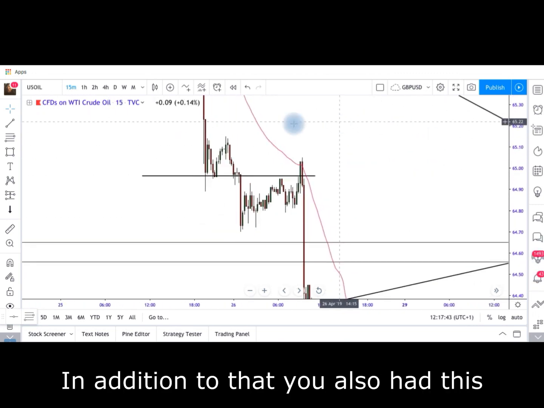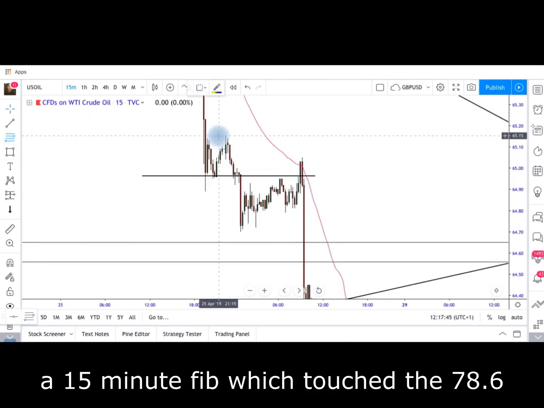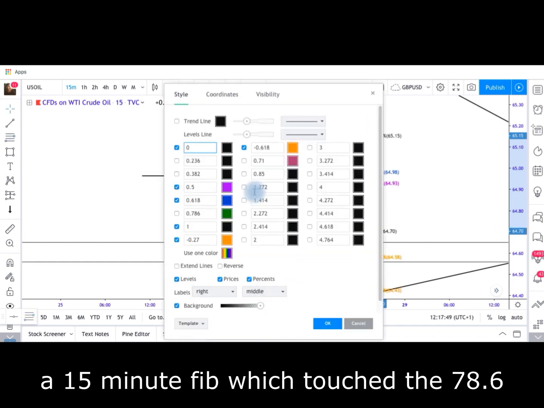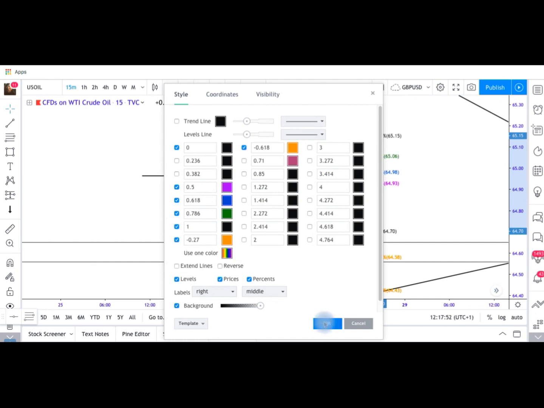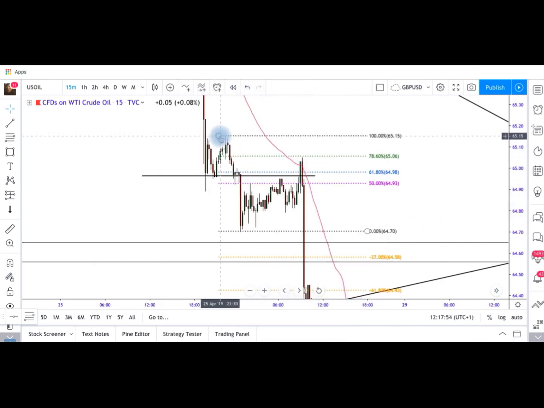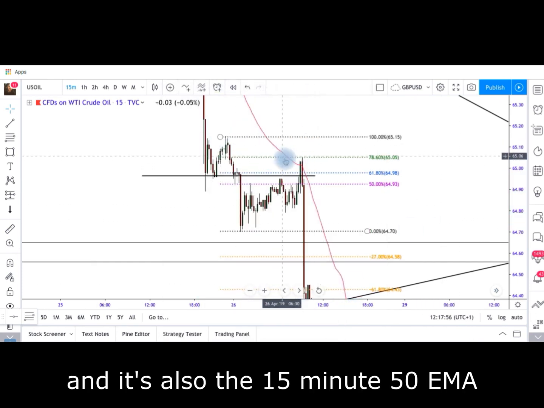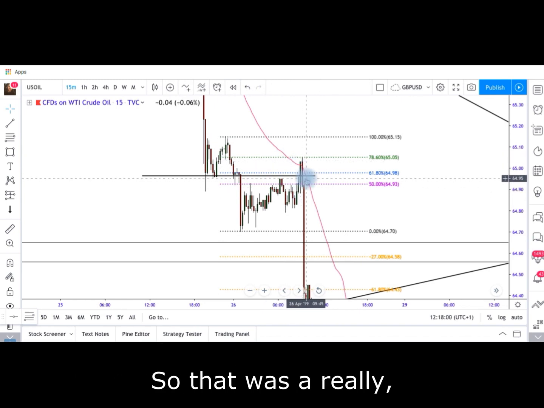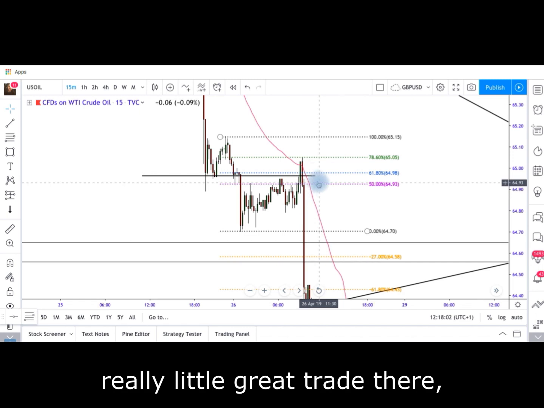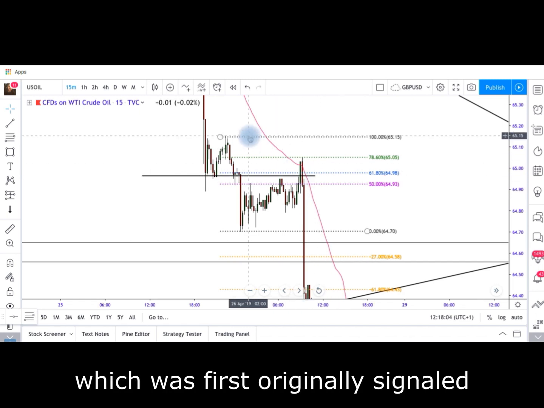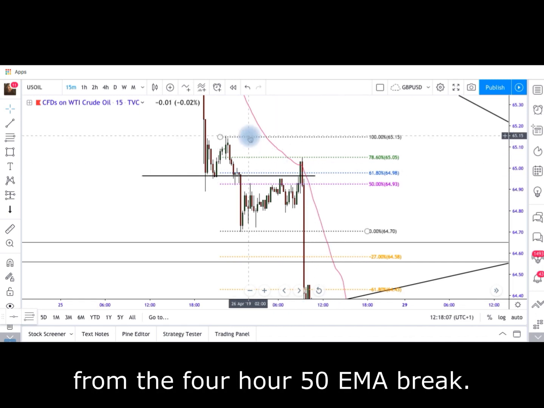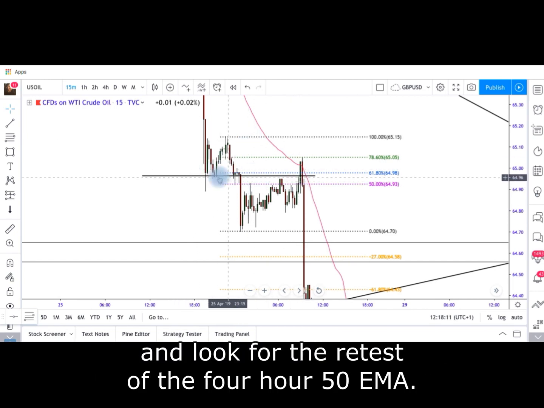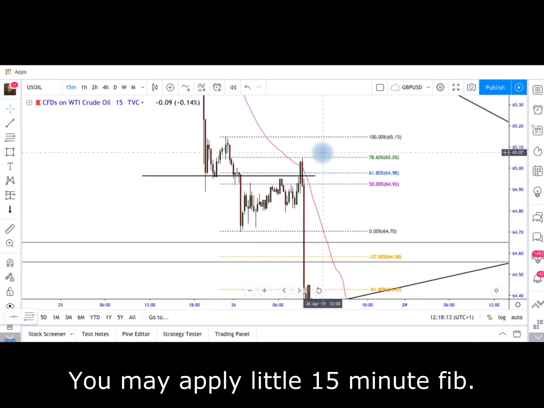In addition to that, you also had this, a 15-minute fib, which touched the 78.6, and it touched the 15-minute 50 EMA, and then it provided you with a bearish engulfing candlestick. So that was a really great trade there, which was first originally signaled from the 4-hour 50 EMA break, and then that would have allowed you then to instantly scan in, look for the retest of the 4-hour 50 EMA, apply a little 15-minute fib.